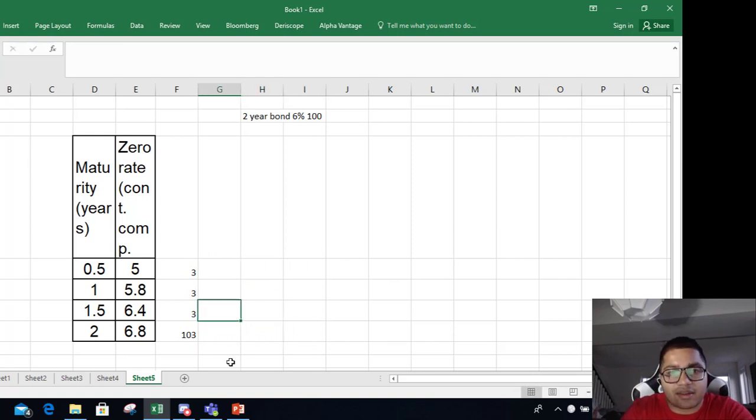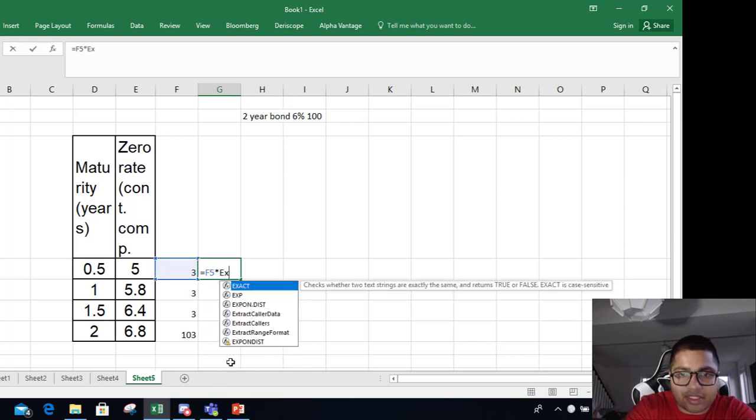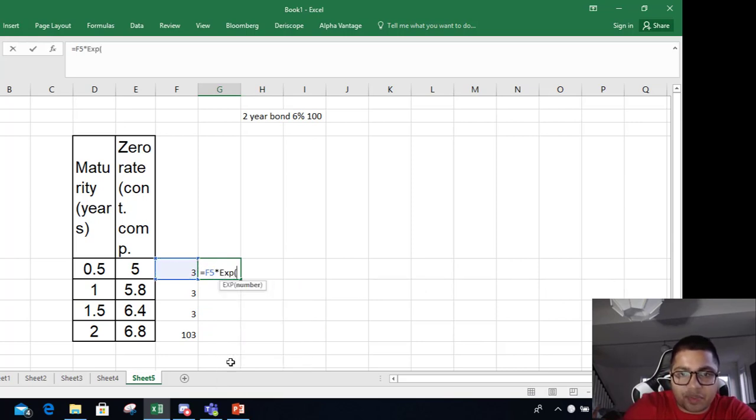So first one is 3 multiplied by exponential e to the power interest rate 5% into time frame 0.5, and since it is discounting, it should be negative sign, minus. So 2.92.